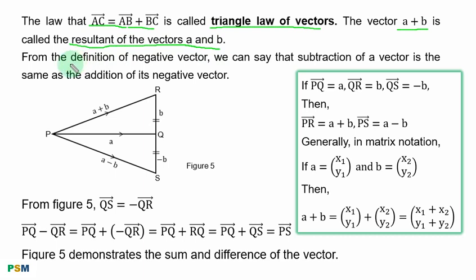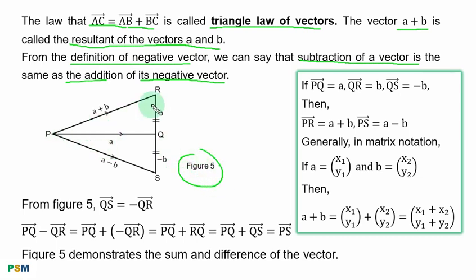From the definition of negative vector in lesson 1, we can say that subtraction of a vector is the same as the addition of its negative vector. Let's consider figure 5.